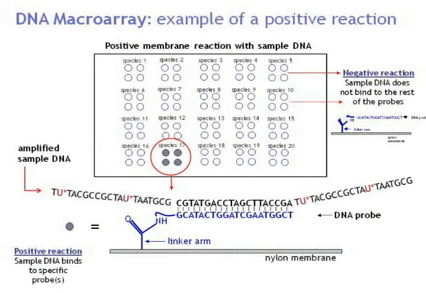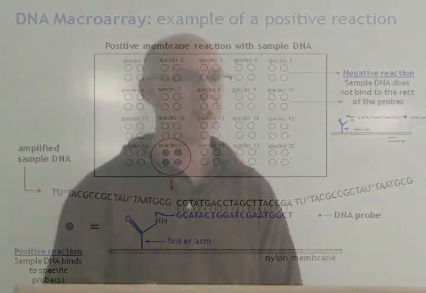So that gets incorporated in about once in every 10 T's that should be there. You're going to get one of these DIG-dUTPs instead of a T. And that takes place in the amplification process. DNA is then applied to the membrane for hybridization. And that label allows a chemiluminescent reaction to take place.